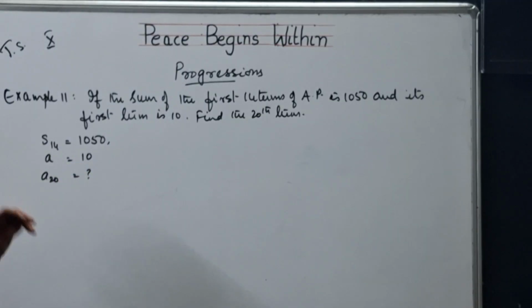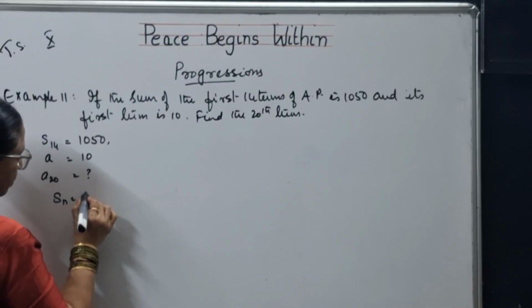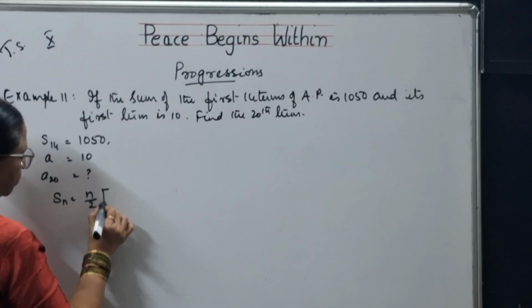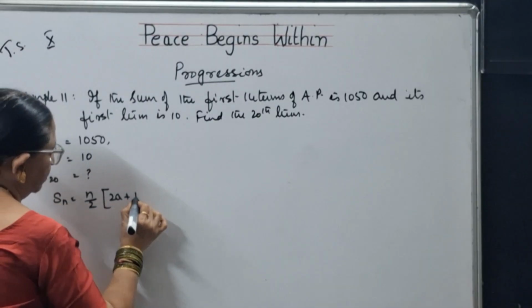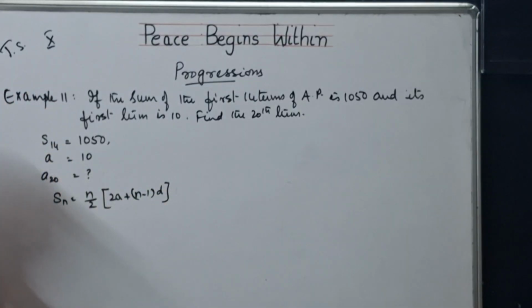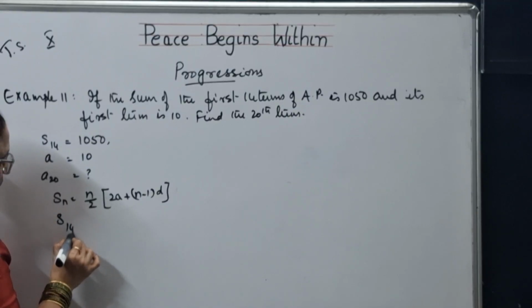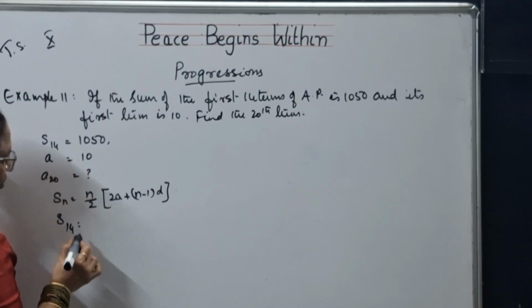This is the question. Now we know that the sum to n terms is n by 2 into 2a plus n minus 1 into d. So here the sum to n is 14, that means the n value is 14.